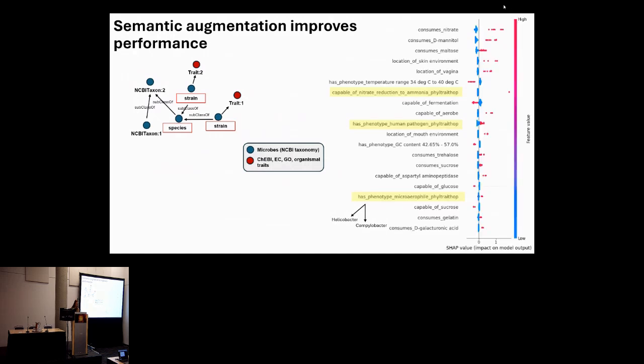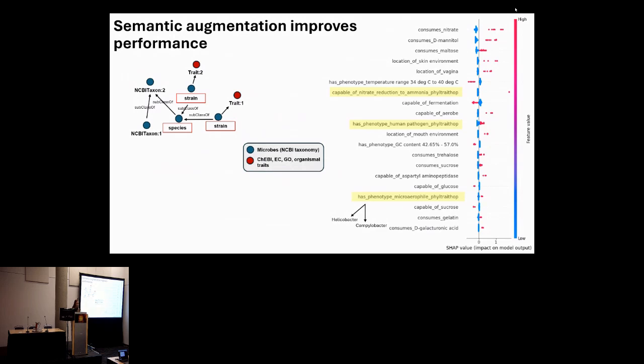And what we found was that a couple of those new features that we incorporated into the model were some of the top features in how well we could predict likelihood of IBD, in which direction, and that they are relevant to the disease.